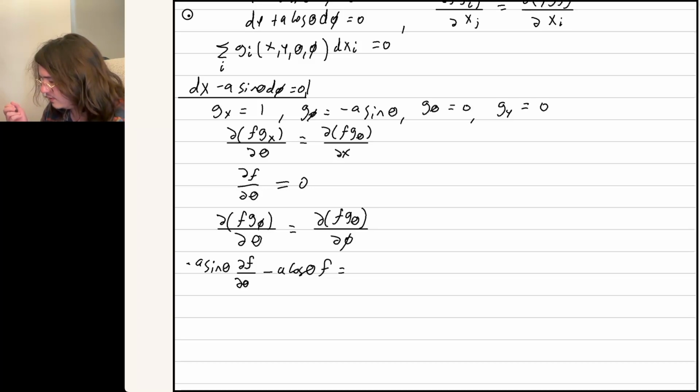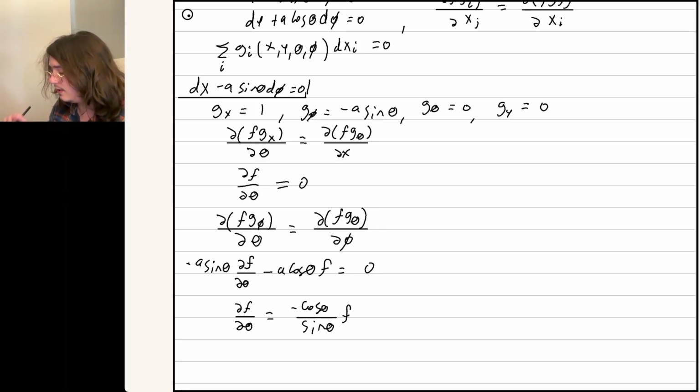On the right-hand side, g theta is still 0, so the right-hand side is 0. Now look at this. The a's will cancel out. I'll move stuff to the other side, so that's just df d theta on this side, equal to minus cosine theta over sine theta times f.